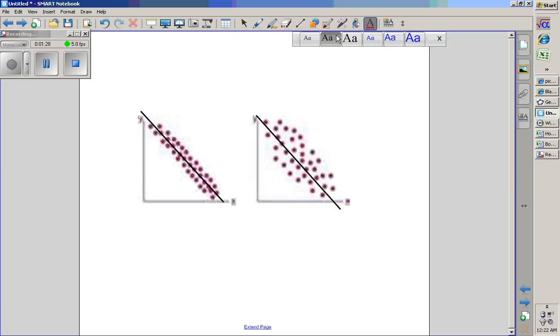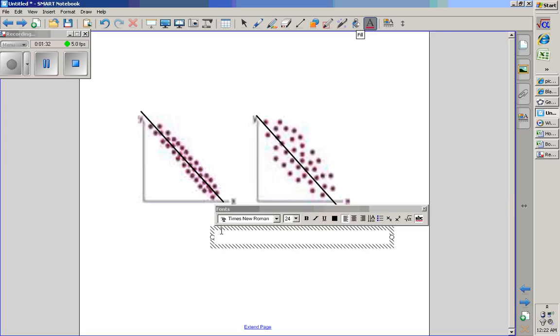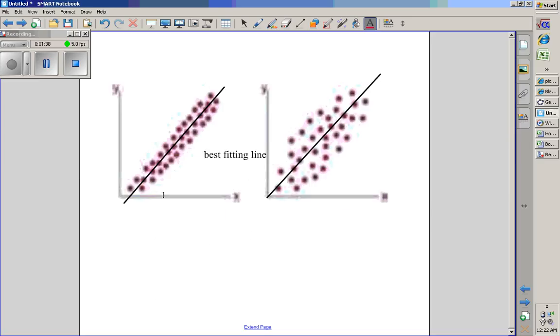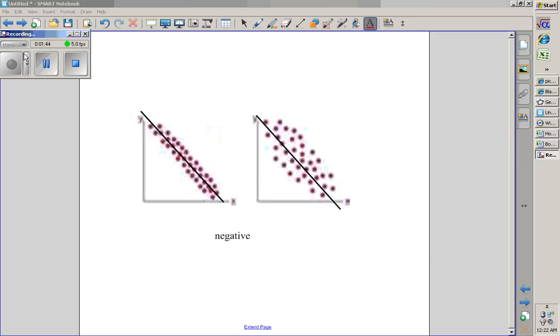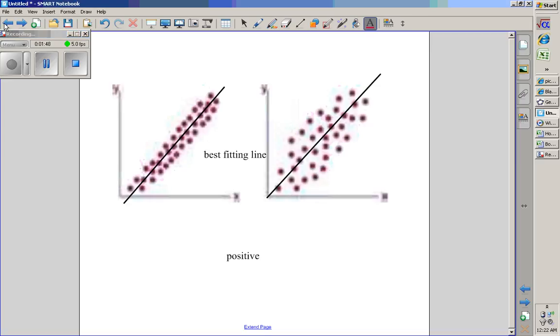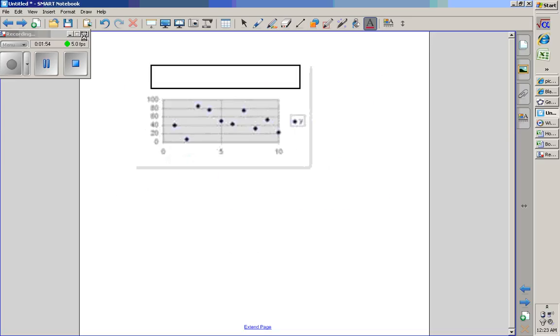The difference between these two graphs is that these graphs have negative correlation, and the previous graphs have positive correlation.